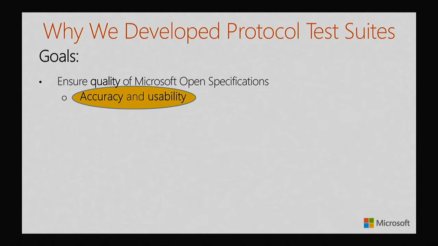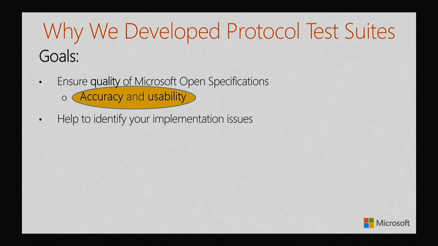So our goal is to ensure the quality of the Microsoft open specifications, to ensure they are accurate and usable, which means partners can implement their products based on our technical documents. The second goal is to help you identify your implementation issues.